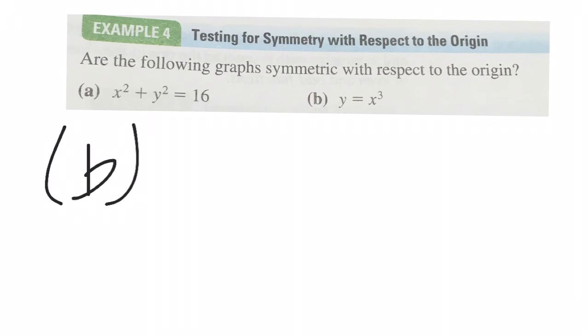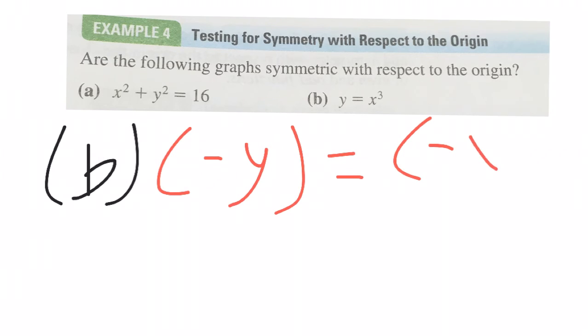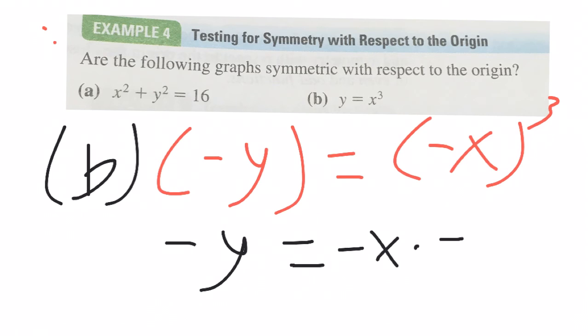So remember, if you plug in negative y for y and negative x for x at the same time, we're going to simplify it and see if it gives us what we started with. So negative y stays the same, negative y, then negative x to the third. That's the same as negative x times negative x times negative x.